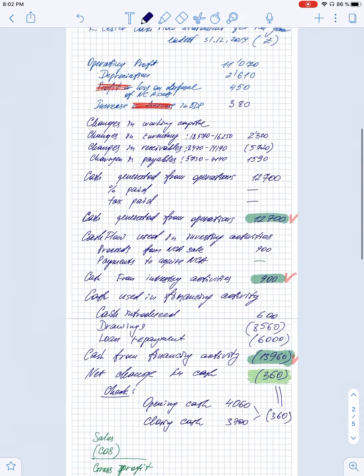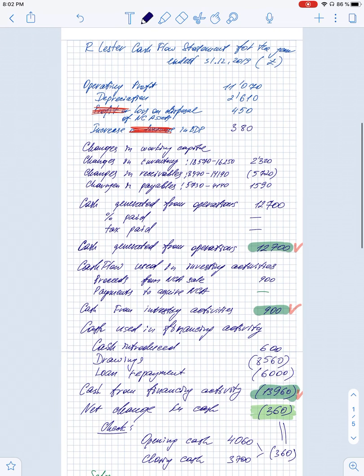That's all. So we have just compiled the cash flow statement as the problem required.